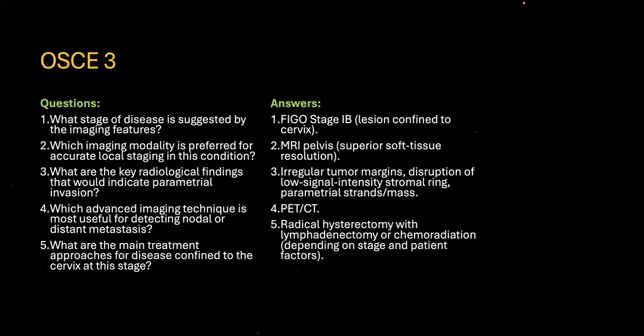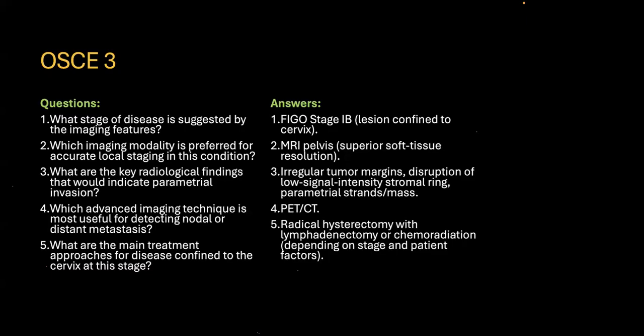So what stage was it? Stage one, confined to the cervix, not invading anywhere else. Okay, imaging modality. Which imaging modality is the preferred one? It is MRI, right? And what are the key radiological findings for stromal invasion? Irregular tumor margins, disruption of the low signal intensity stromal ring, parametrial strands, or mass.